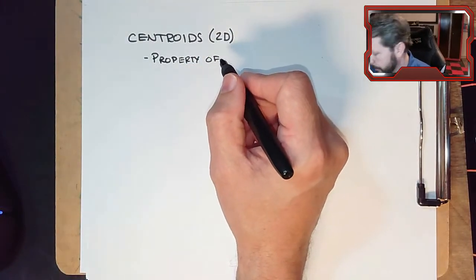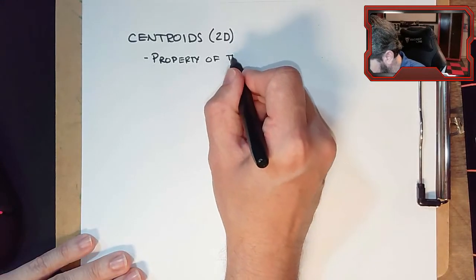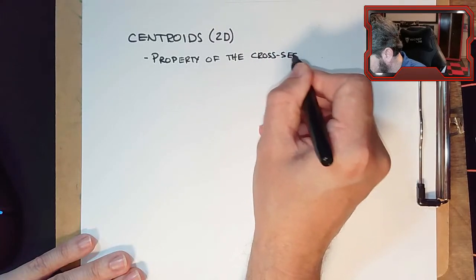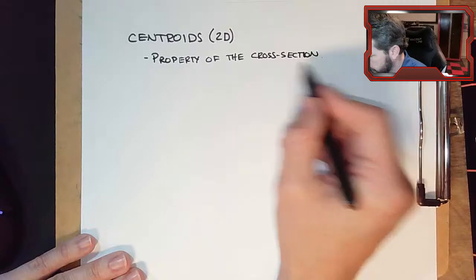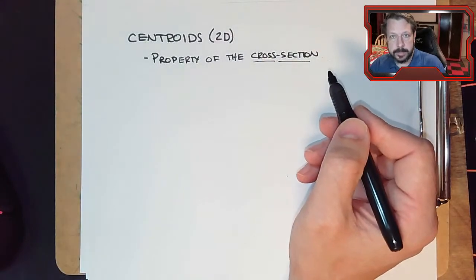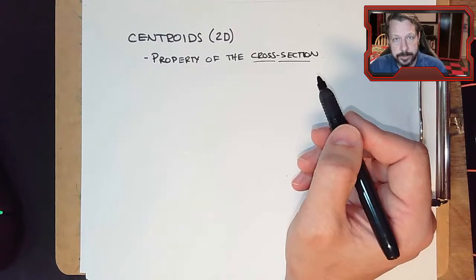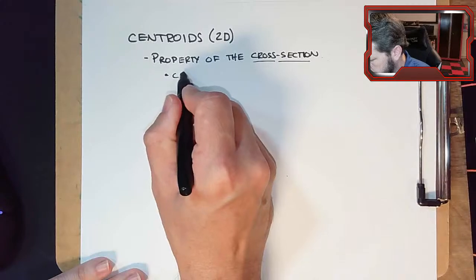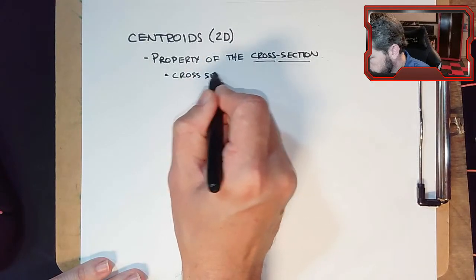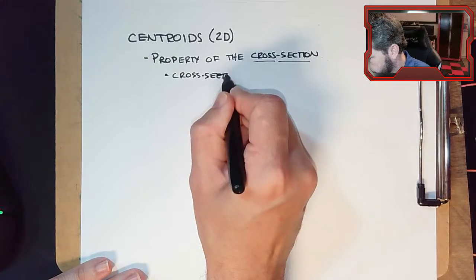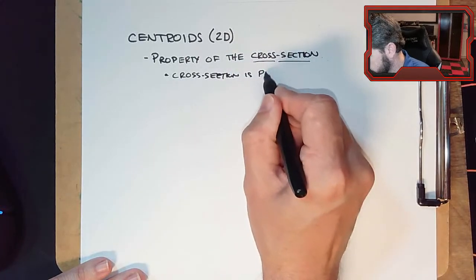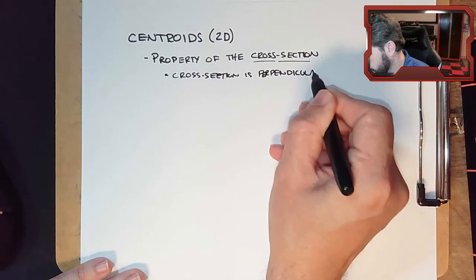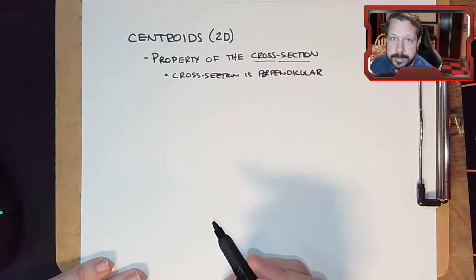In this case, it's going to be a beam. And this cross section, you could cut across this beam in any direction you choose. The one that we're interested in is the cross section that is perpendicular to the longitudinal axis of our beam.